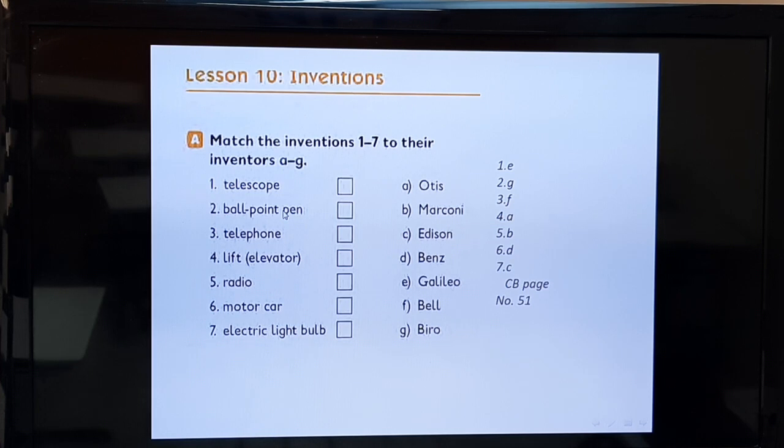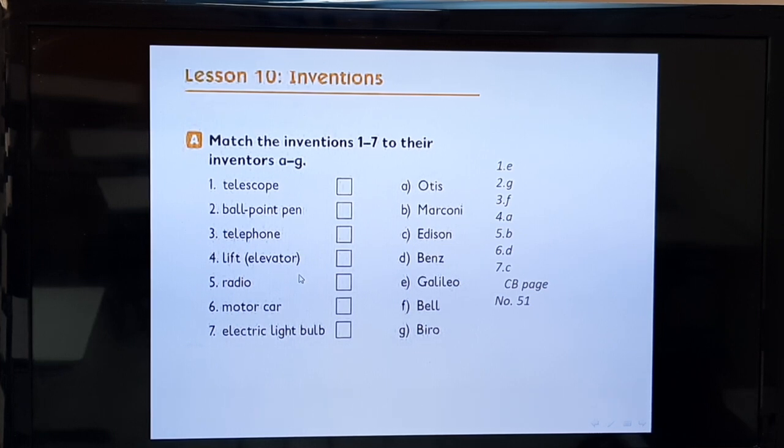Number 2, ballpoint pen. His name is Biro. Number 3, telephone: F, Bell. Number 4, lift: A, Otis. Number 5, radio: B, Marconi. Number 6, motor car: D, Benz.